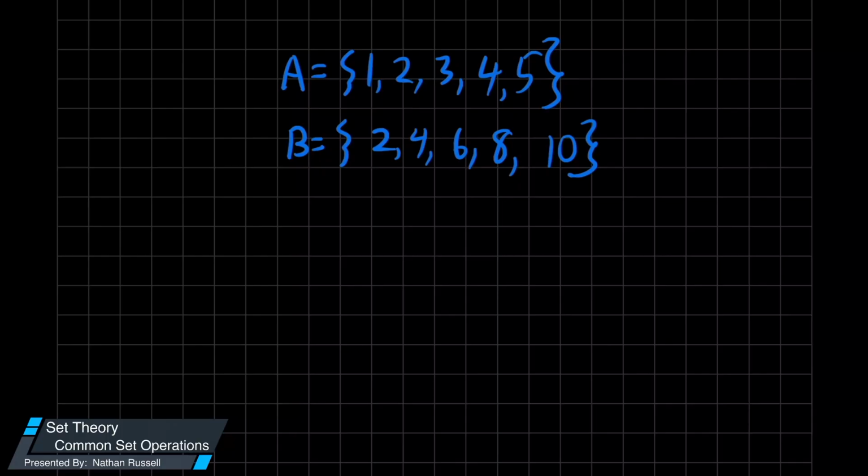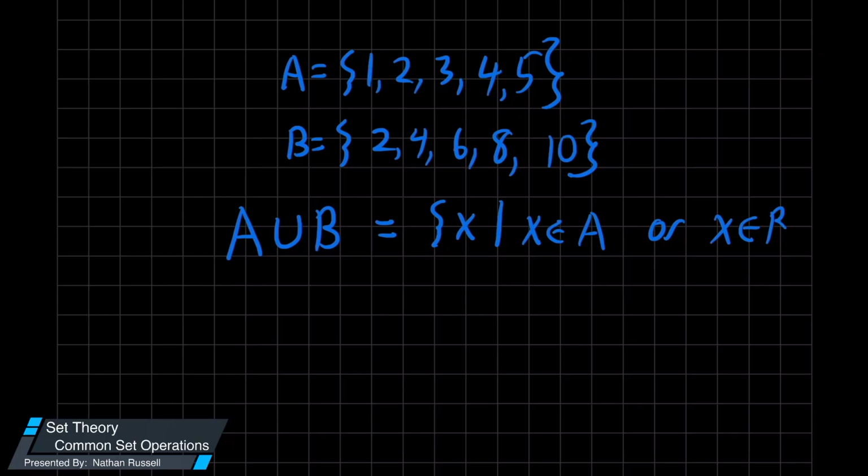Now when we do the union, it will be written like this: A union B. And in set-builder notation, this is simply the set of elements x such that x is in A or x is in B. Now it's important to realize that we say the word union for the symbol, but what you should understand is that it's closely related to the OR operation, as we know it in grammar and in computer science.